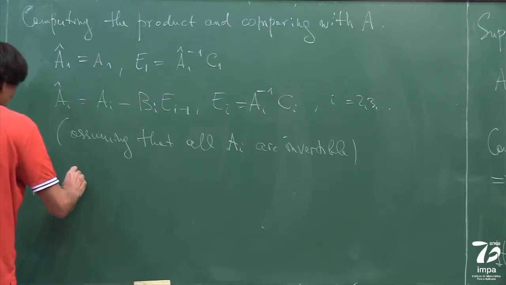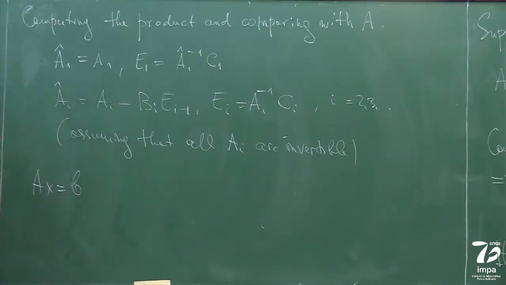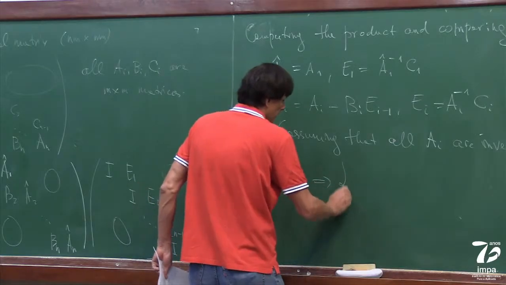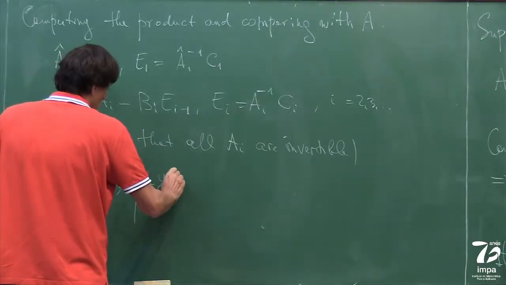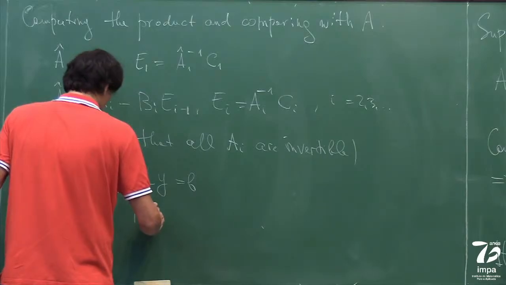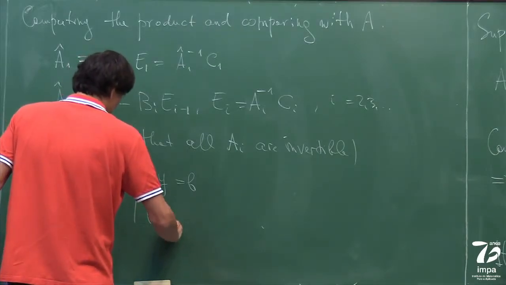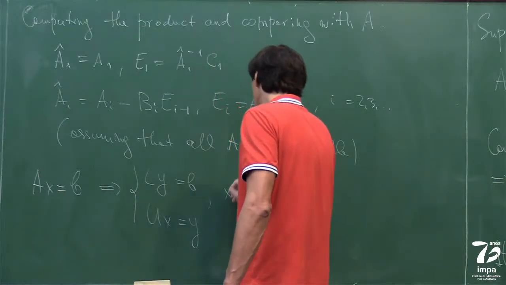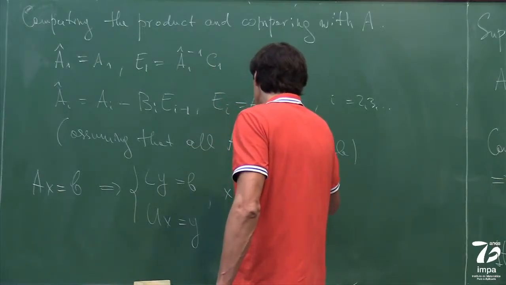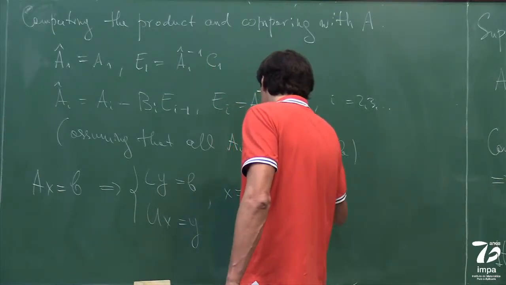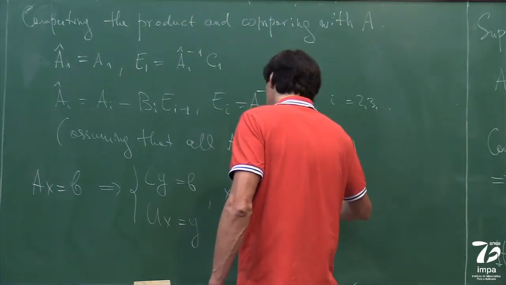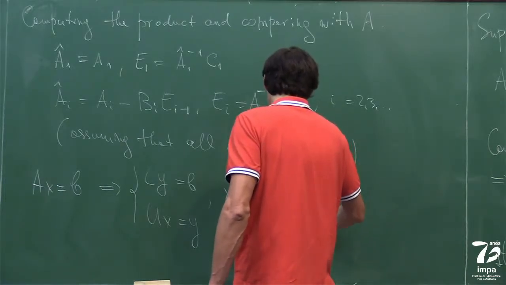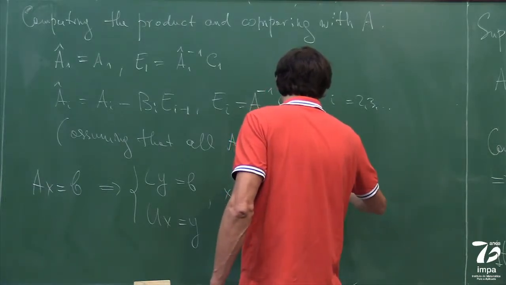So AX equal B. If we call this L and this is U, you write it as a system of two equations. But now X is written like a vector, and Y is as well, and the B is also written like a vector.